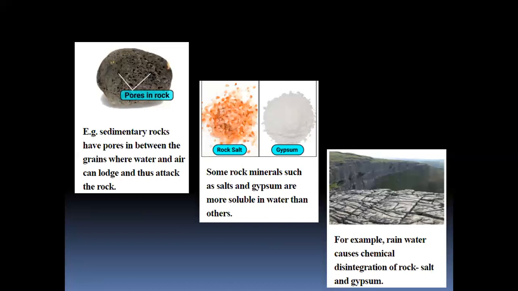For example, gypsum is a very soluble mineral. When a rock rich in gypsum is exposed to rain, it dissolves, the rock breaks down, and some of the salts become soluble and can be washed out with the water.